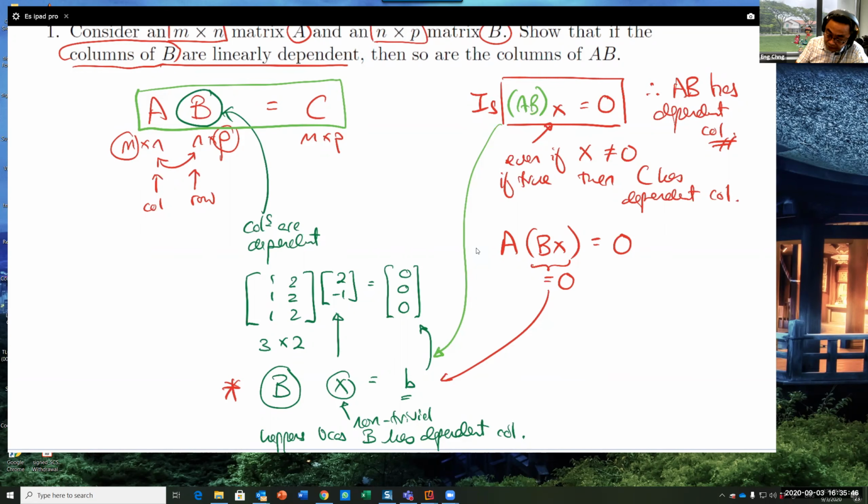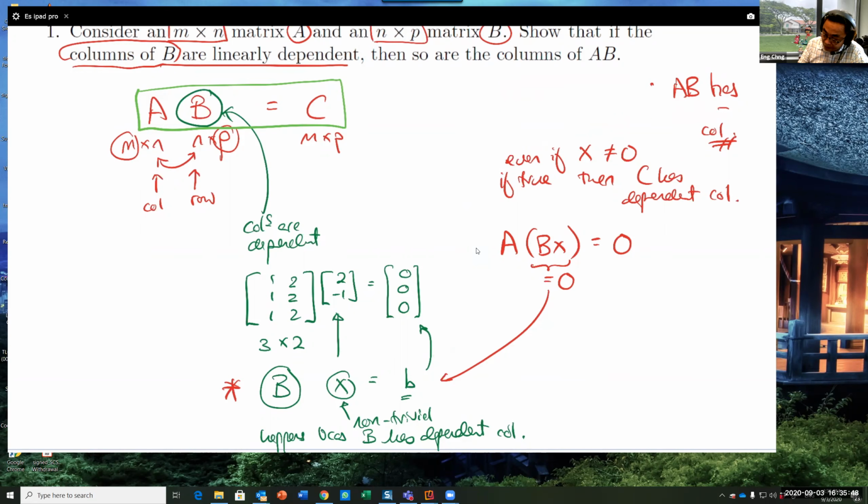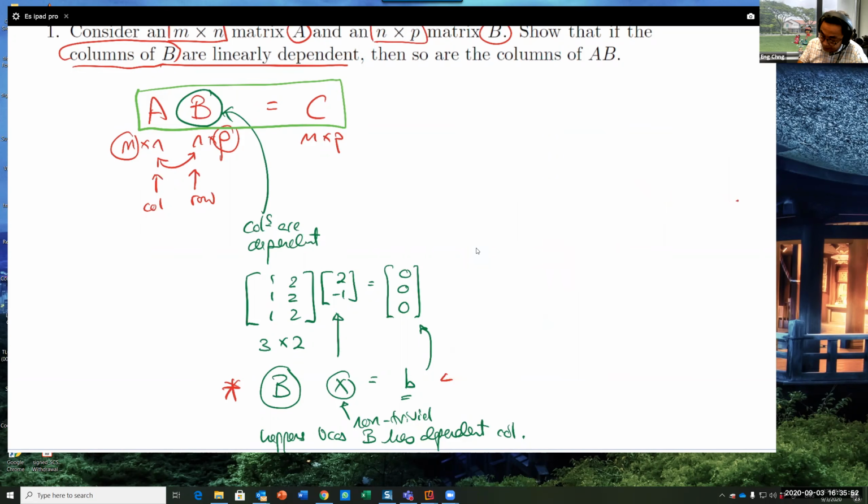All right. Now, because the matrix is not square, otherwise it would have been easier. Now you are learning determinants now.